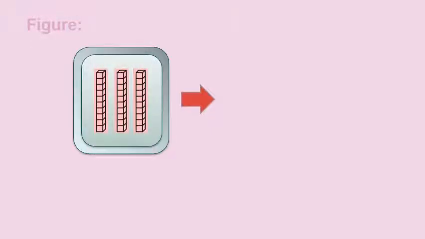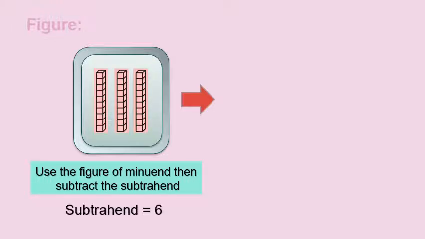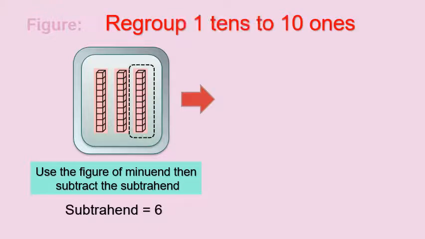Now let's answer using the figure. First, we have our minuend. We have 3 tens for 30. Now let's try to subtract the subtrahend, which is 6. So that's going to be 6 ones. As you see in the figure, we don't have ones here. We only have tens. So what we're going to do is regroup 1 ten into 10 ones.